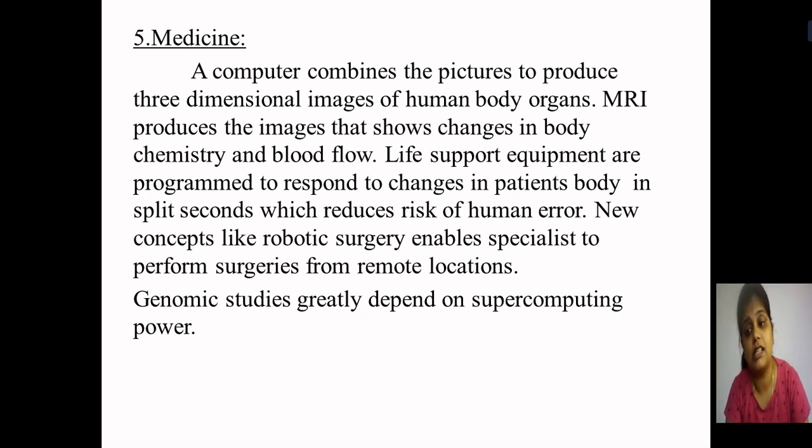For that there are specialists who have studied robotic surgery, and they perform these surgeries at remote locations also. The person who has done a degree or is specialized in a particular field is called a specialist, and they perform their job for saving human beings.